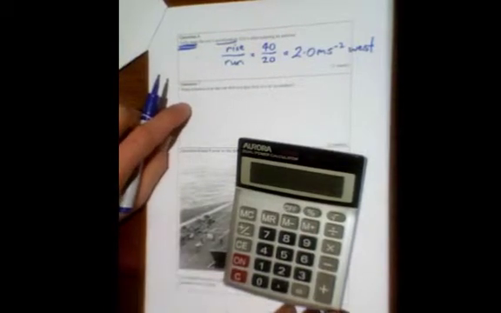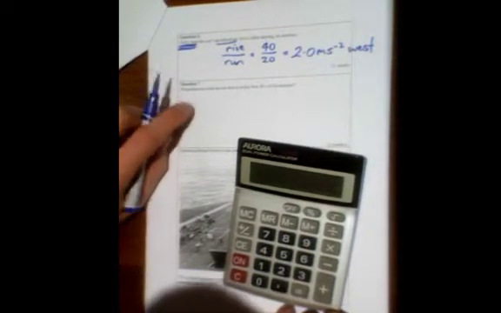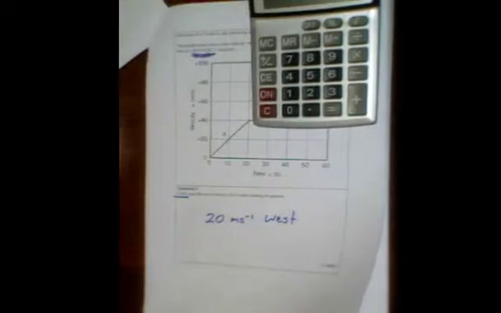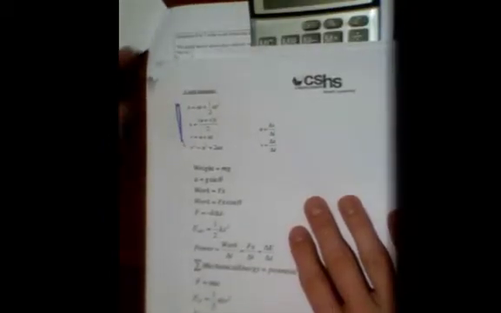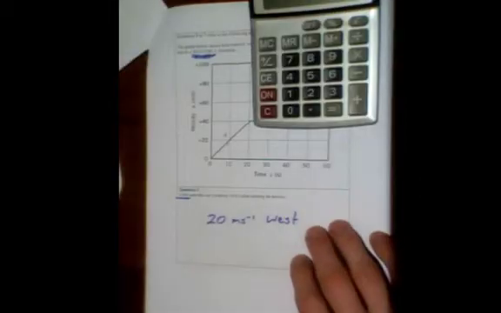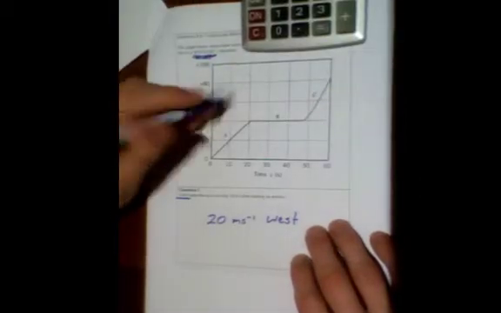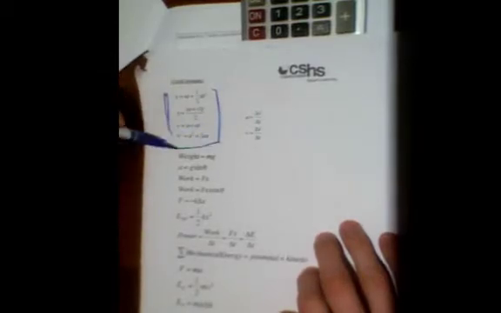Okay, question 7. What distance does the car travel in the first 30 seconds of its motion? Now we cannot use our kinematics equations here. We can't use these here because the acceleration is not constant. Never forget that we can only use these formulas when our acceleration is constant.